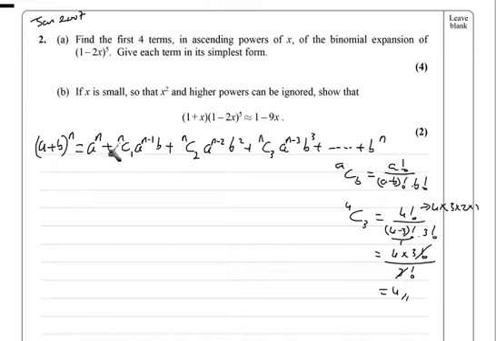Let's apply this to the question. So part A, we are going to find (1 minus 2x) to the power 5.